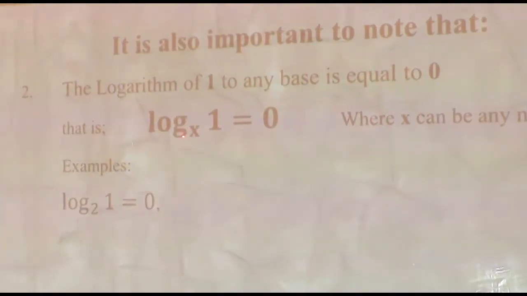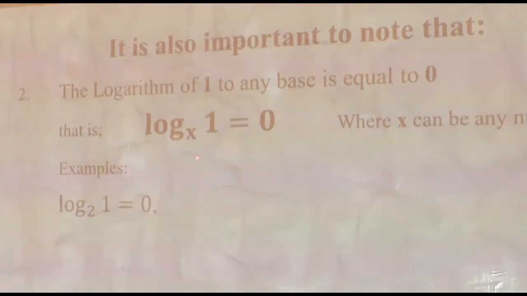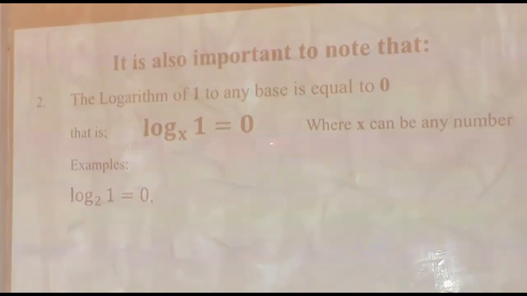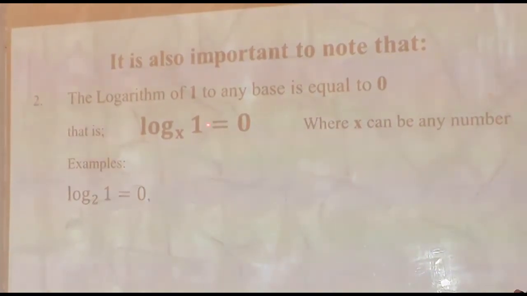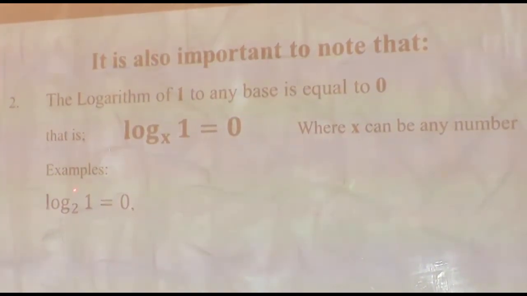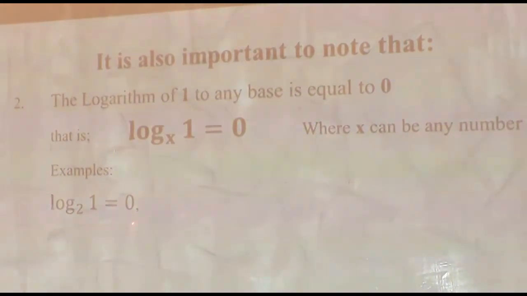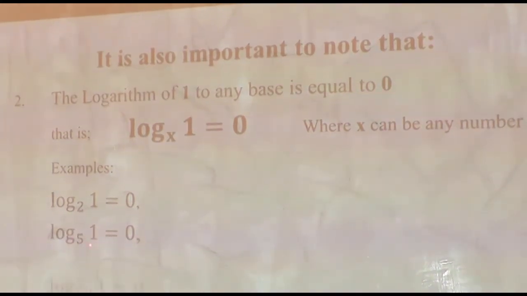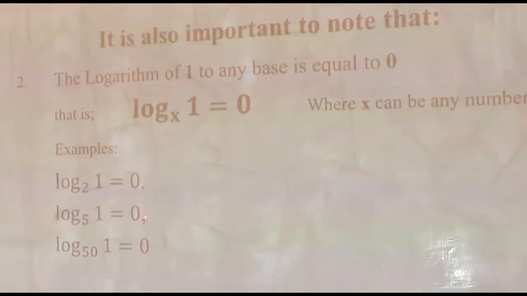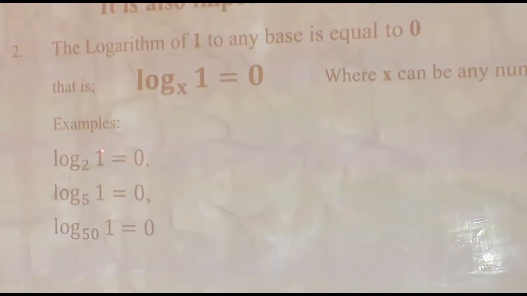Even if x here is 20, by the time I say log 1 to base 20 is 0, that means 20 raised to the power of 0 will always give 1, irrespective of whatever the number is. Log 1 to base 2 is 0, log 1 to base 5 equals 0, so that 5 raised to the power of 0 is 1. 50 raised to the power of 0 is 1. 2 raised to the power of 0 will always give 1.